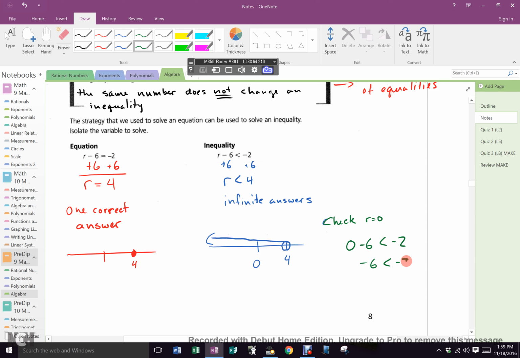Negative 6 less than negative 2. Is that true? Yes. So 0 must be a correct answer, yes? So my arrow has to go over 0. Does it? That arrow goes over 0. Right? So we know we're right. Everybody good? And that's how easy it is.